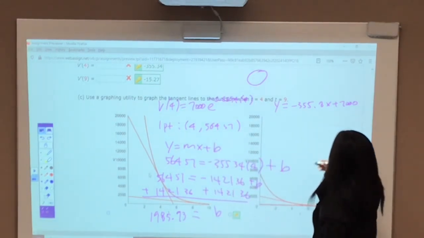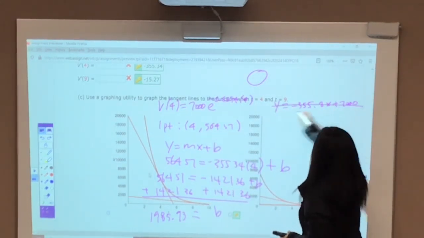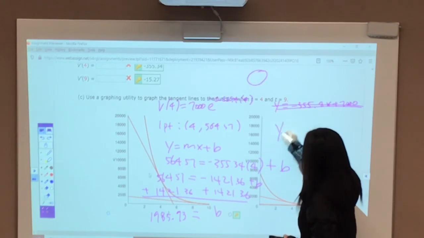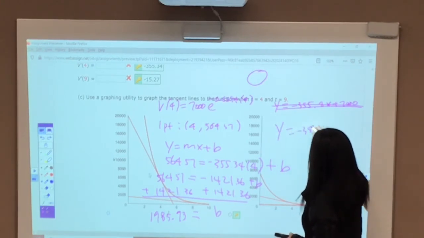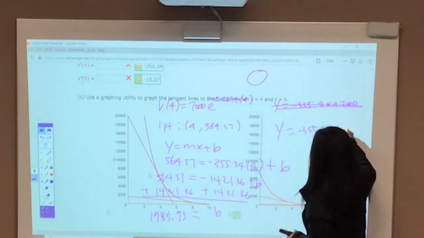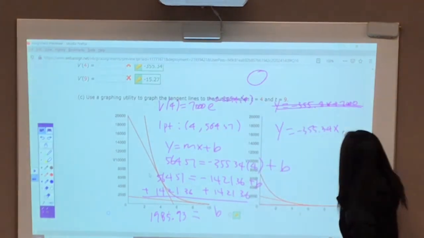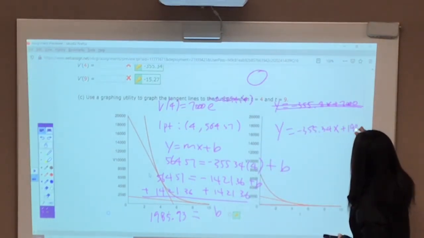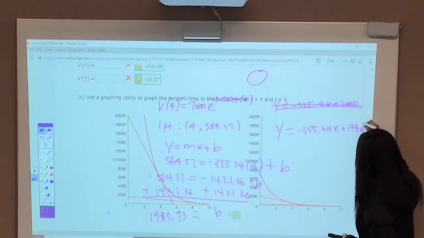So I got my equation. That was the wrong equation. So my equation is y is equal to negative 355.34x plus what? 1986. That's what I'm gonna put, okay?